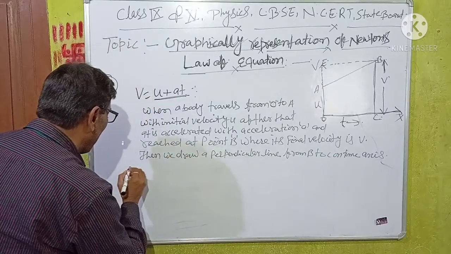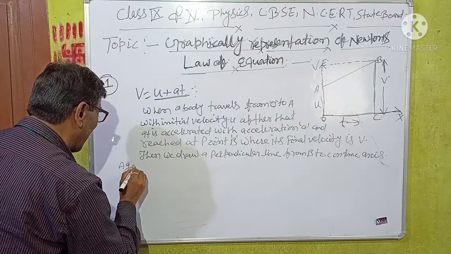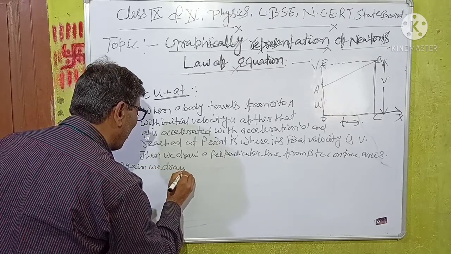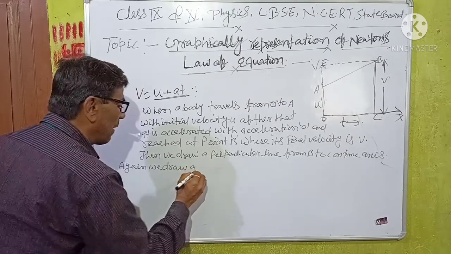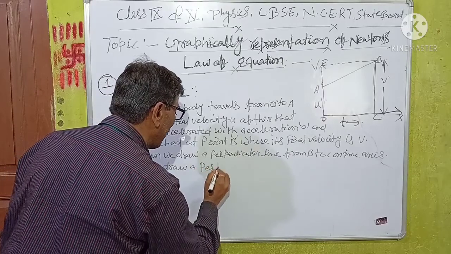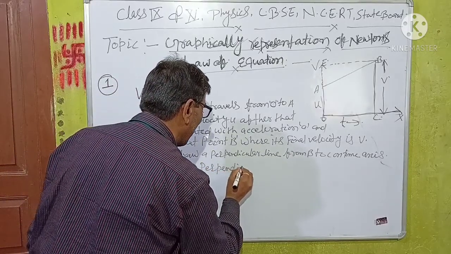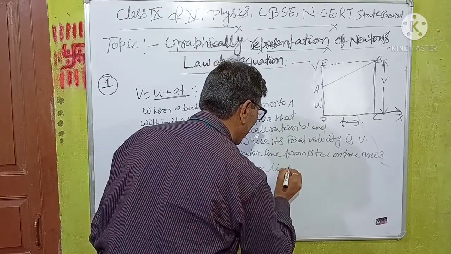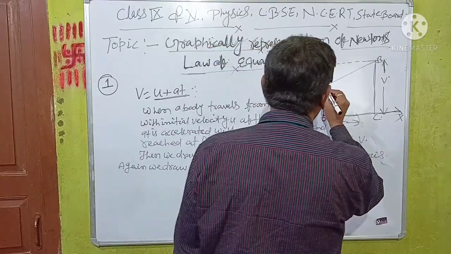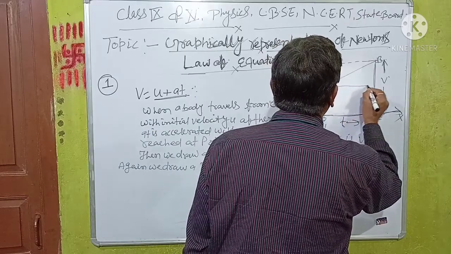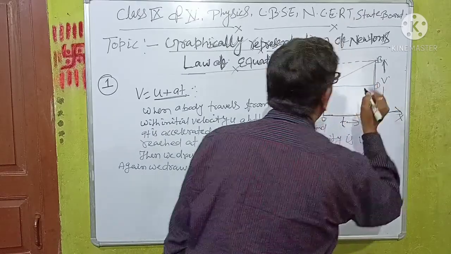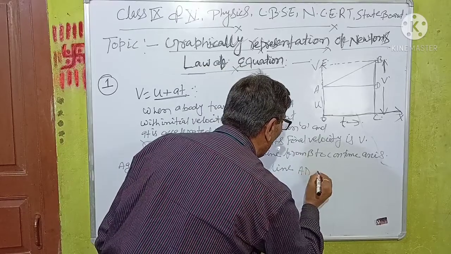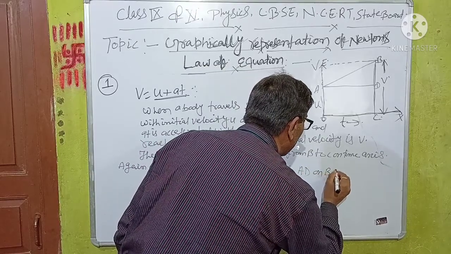Again we draw a perpendicular line AD on BC. Perpendicular line AD on BC.